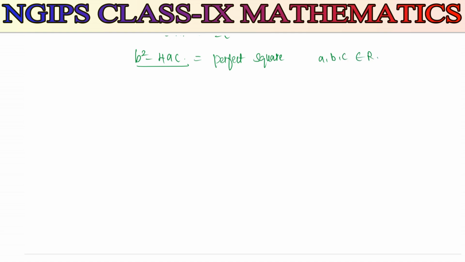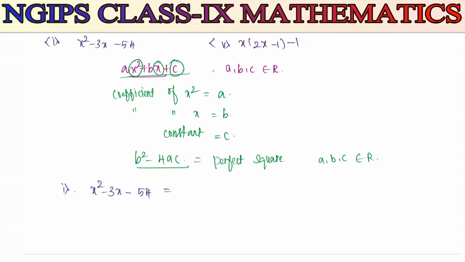Now I am going to write the first one: x square minus 3x minus 54. Here we have to take the a value, b value and c value. We know very well the coefficient of x square is a, so I can consider a as 1 if nothing is there.